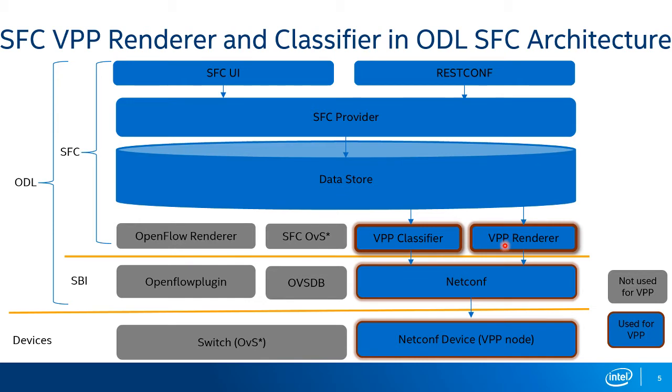The VPP classifier and VPP renderer are listening to the SFC data store, so they can get the information and call NETCONF APIs to configure the VPP node, such as creating a bridge domain, VxLAN-gpe interface, NSH entry, and NSH map.